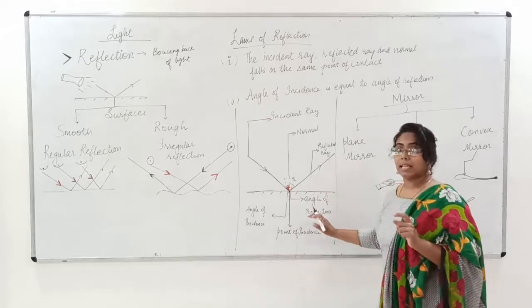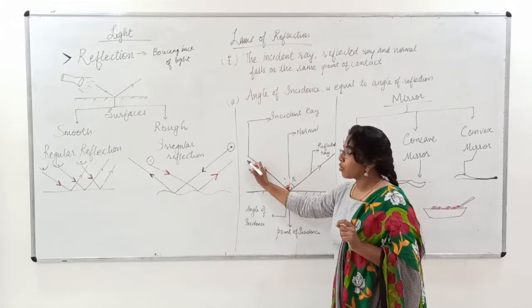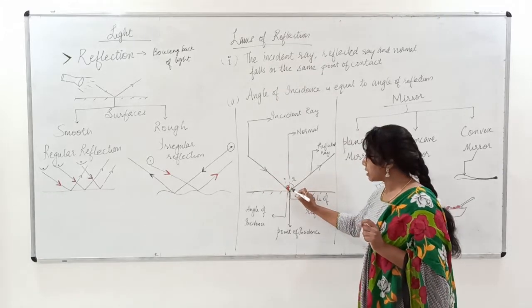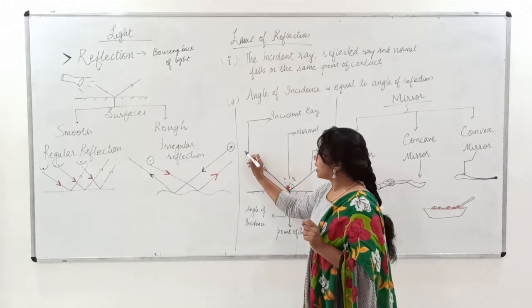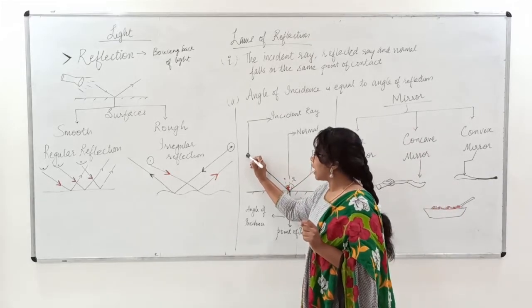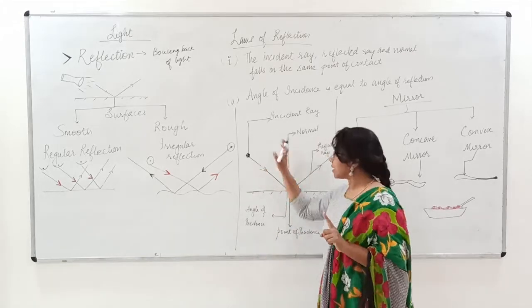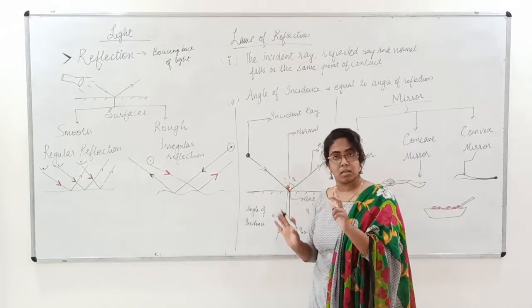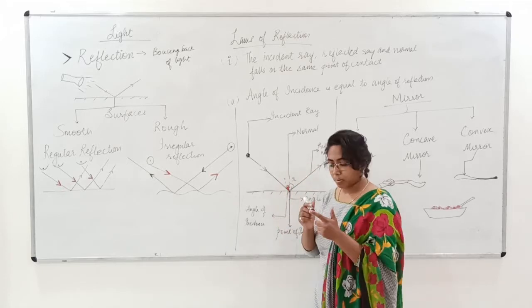So that I can declare that this is a smooth surface. As the light falls on any surface, it bounces back. So here we have only one source of light. I am repeating again, we have only one source of light and the other portions are dark where we are doing this experiment. Now let's learn more.